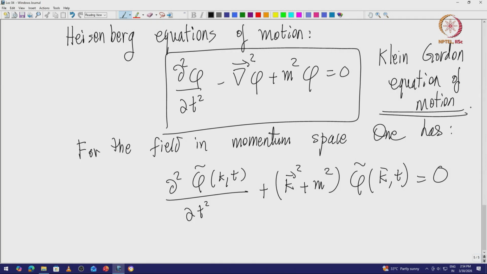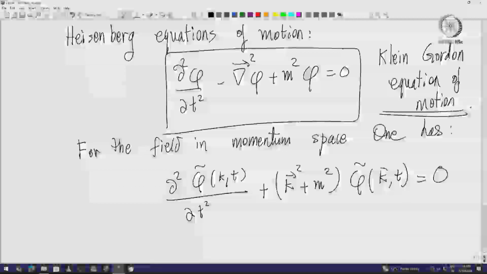Which you must have done in your relativistic quantum mechanics course, or quantum mechanics in the relativistic framework essentially. So just put back the momentum space fields. For this the general solution, most of it is already covered for you if you do your relativistic quantum mechanics course.